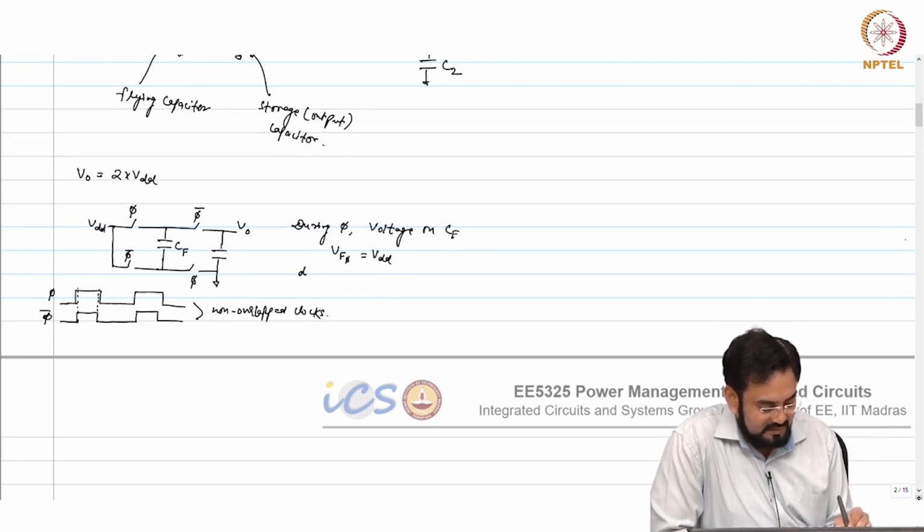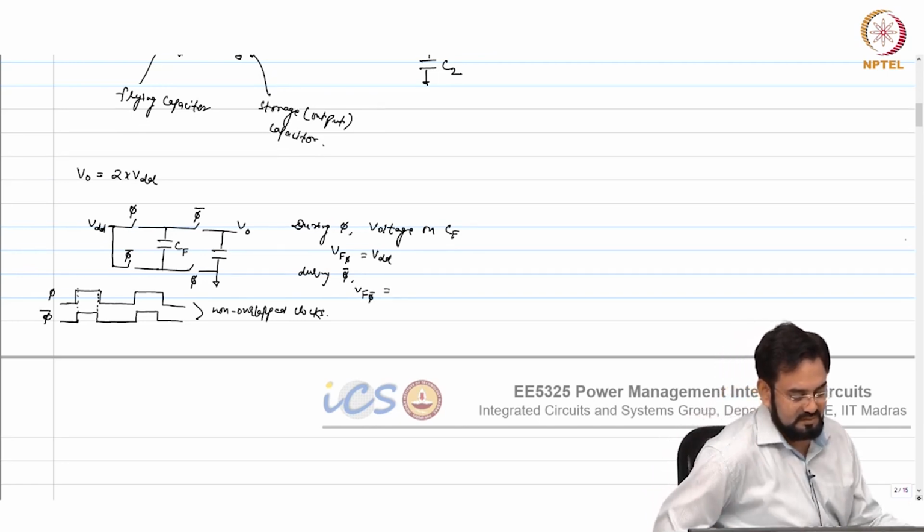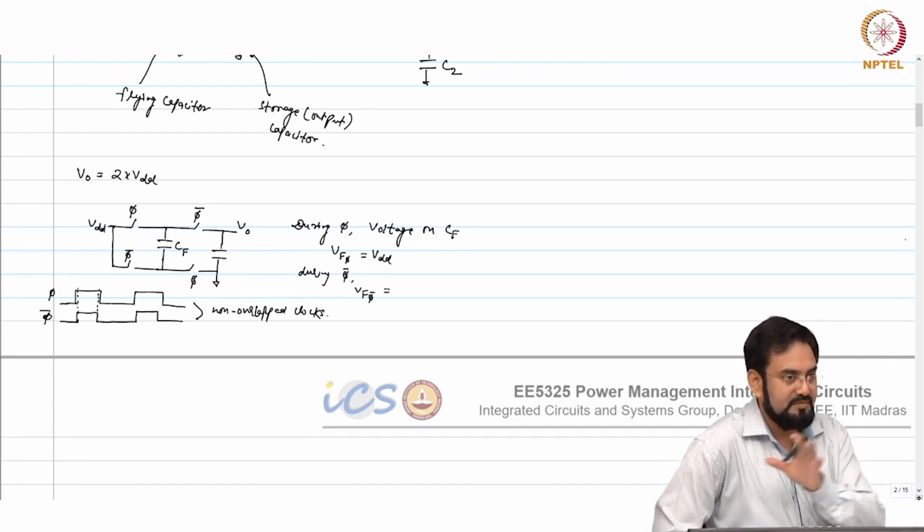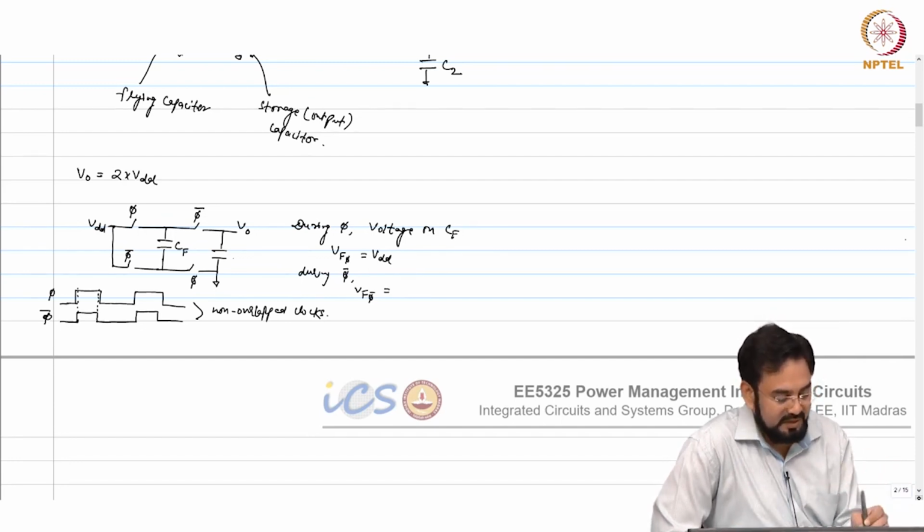And during phi bar, if I call it Vf bar, how much is the voltage? Forget about the flying capacitor for now. Sorry, not the output capacitor, C out.